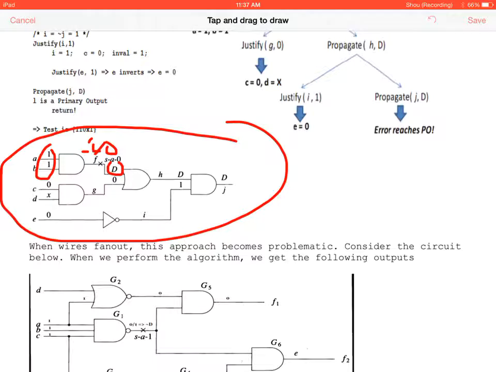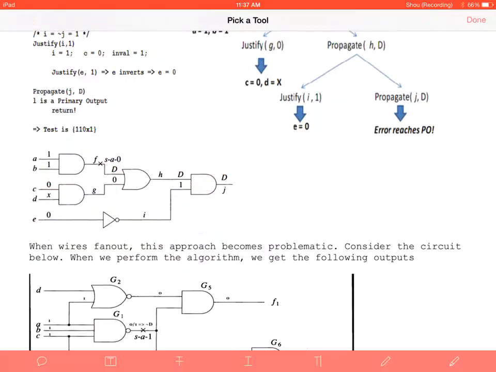We need a 0 here to propagate D to the output, right? So in order to get 0 here, we're going to justify. We only need one of them, so we have 0x here. In order to propagate this error, D, to the output, we need this to be 1. That means we need this to be 0. So our input test vector becomes 110x0 or 11x00.